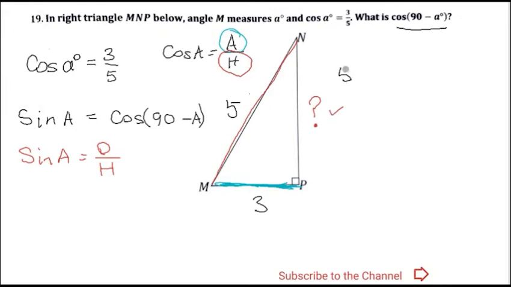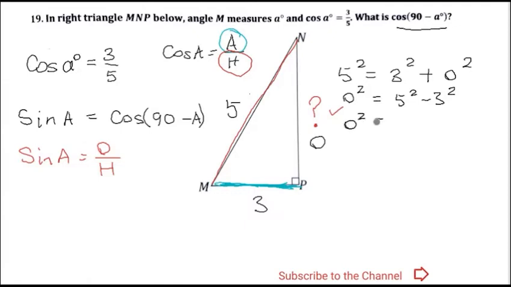So 5 squared, the hypotenuse squared, is equal to the sum of the other two sides squared, which is 3 squared plus O squared. We'll put O as the opposite. Alright, so let's work this out. So we can say that O squared is equal to 5 squared minus 3 squared. O squared is equal to 25 minus 9, and O squared is equal to 16.